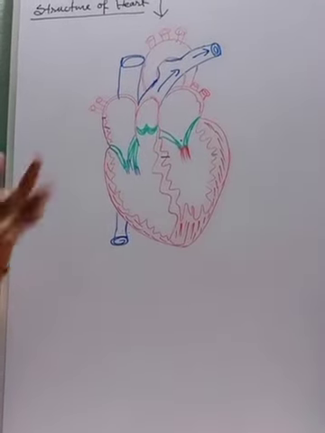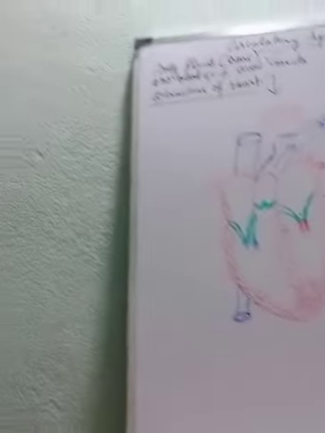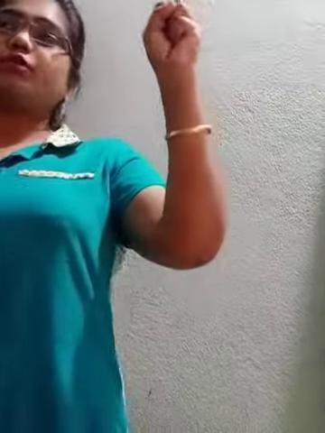Before proceeding to the details, first of all I would like to say what the shape and size are. The size is about the size of our fist. Regarding the shape, it is a little bit conical. It is located in the chest cavity, in the middle between the lungs and above the diaphragm.